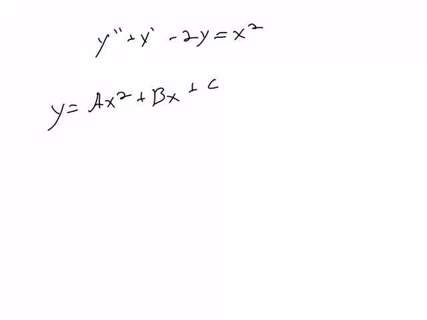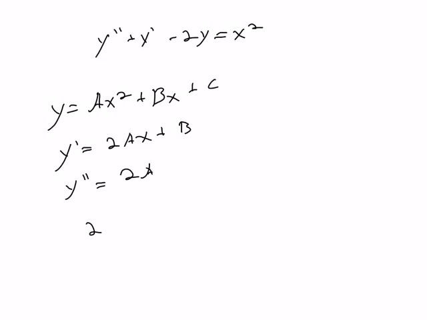So anyway, y prime is equal to 2ax plus b, and y double prime is equal to 2a.